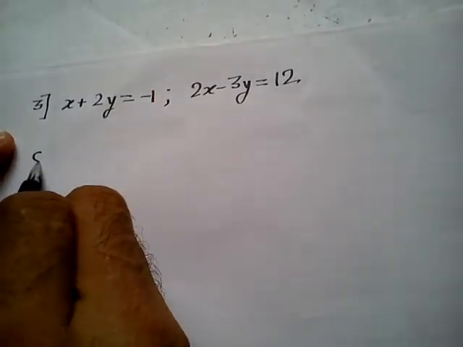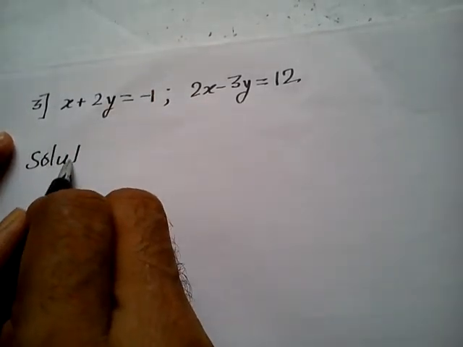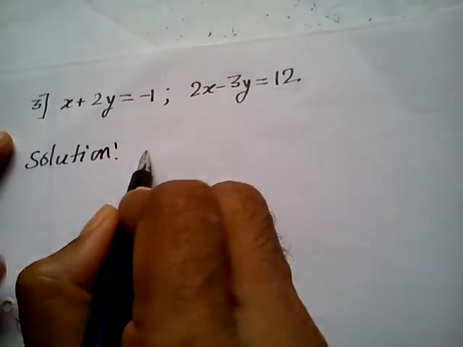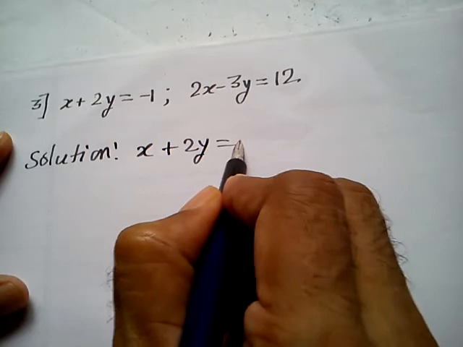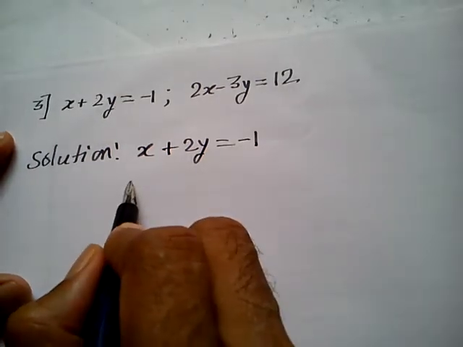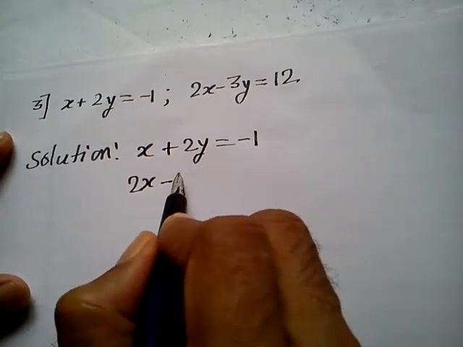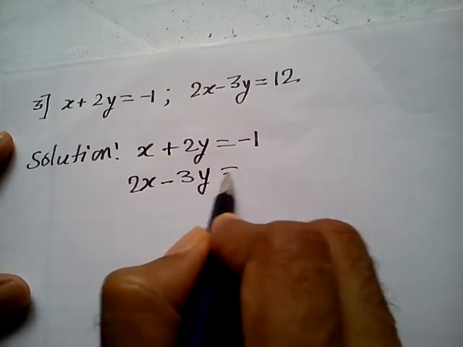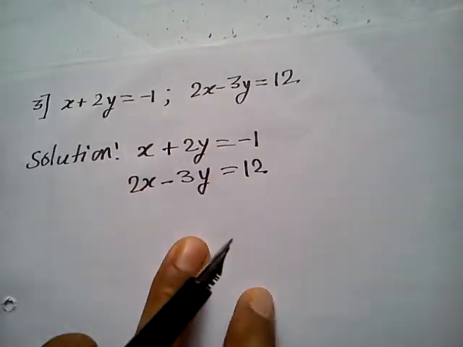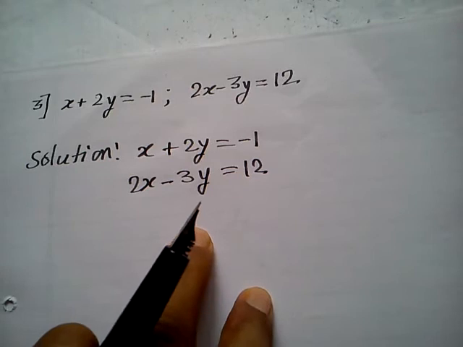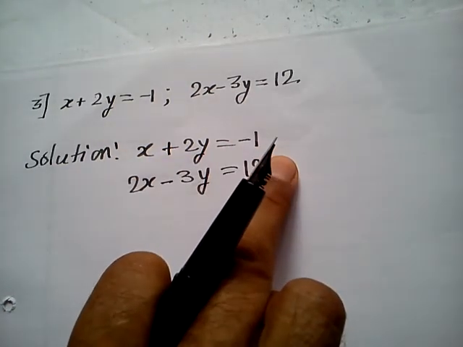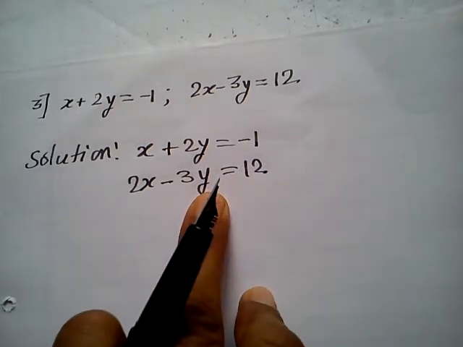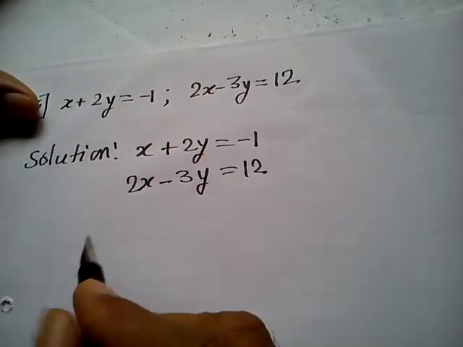So solution, write down the given equation. x plus 2y is equal to negative 1, 2x minus 3y is equal to 12. Check the given equation. x plus 2y is equal to negative 1, 2x minus 3y is equal to 12.